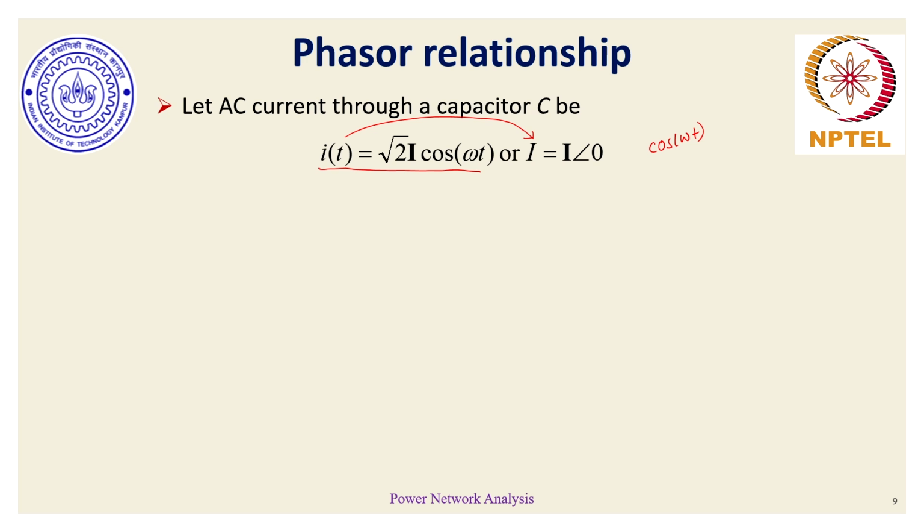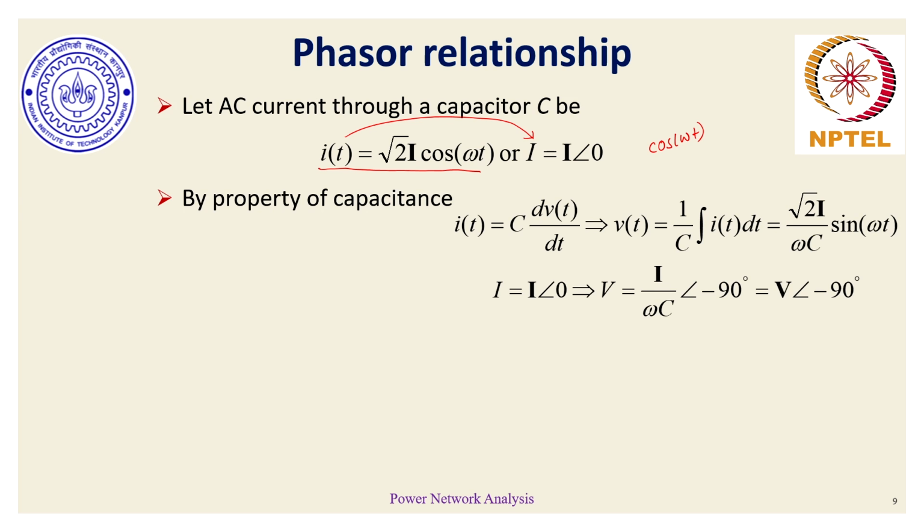If we define the behavior of a pure capacitor, the capacitance property indicates that current through a capacitor is equal to capacitance C, whose unit is farad, times dV by dt, where V of t is the time varying voltage across the capacitor.